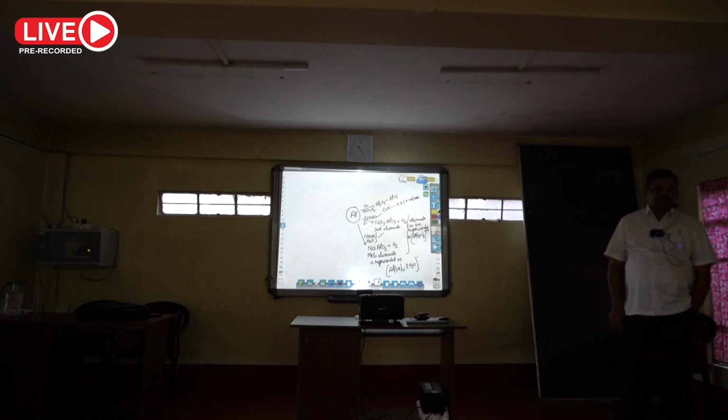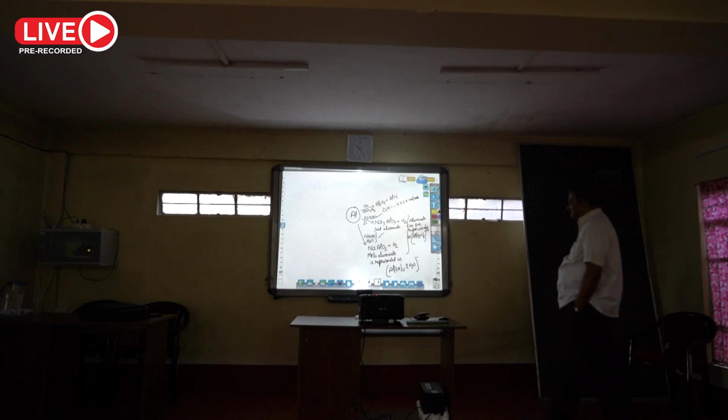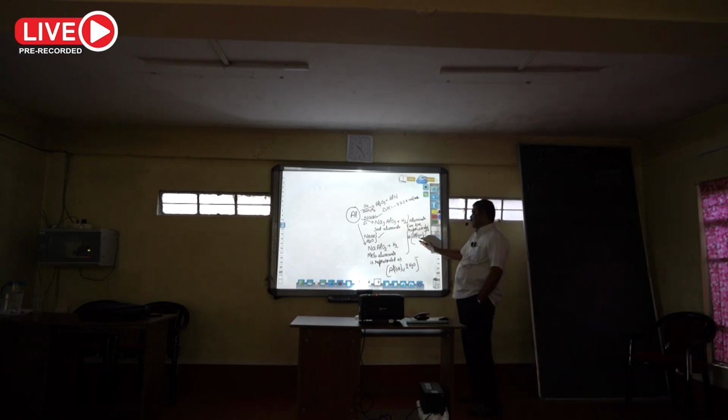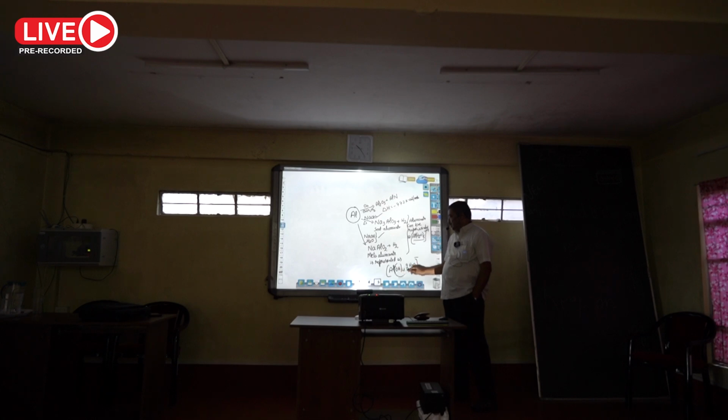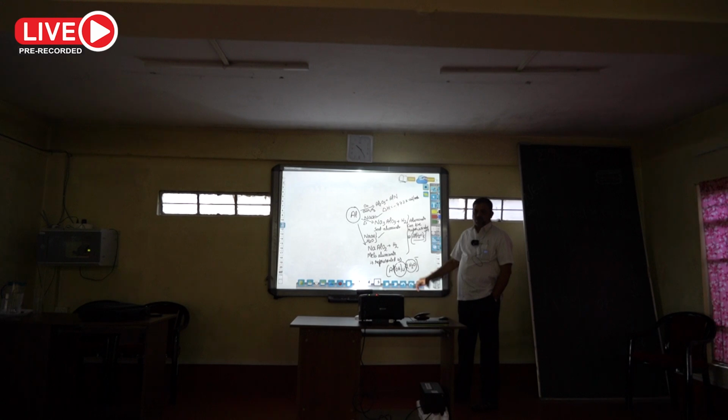Within the square bracket, when a metal is surrounded by some ions or molecules, that is called coordination number. Here 6 water molecules are surrounding the aluminium. So coordination number is 6 here. Here 4 hydroxy ions, 2 water molecules. So total how many? 6. So both in aluminate and meta-aluminate, the coordination number is 6.